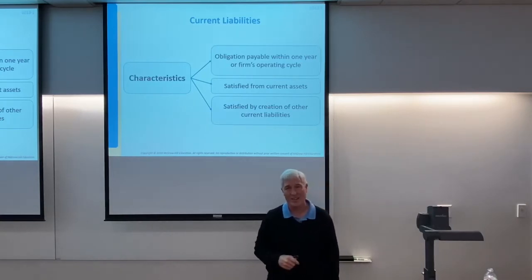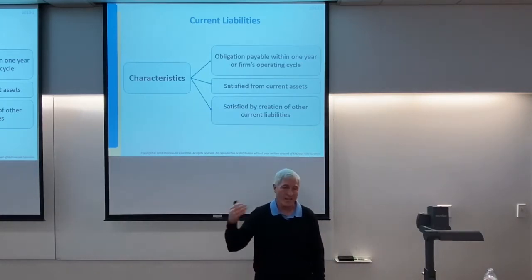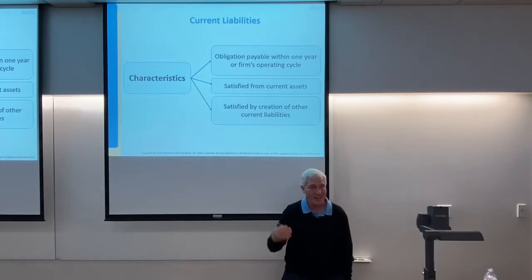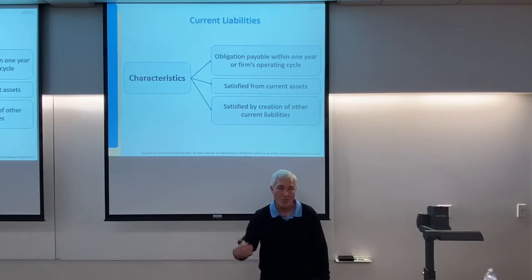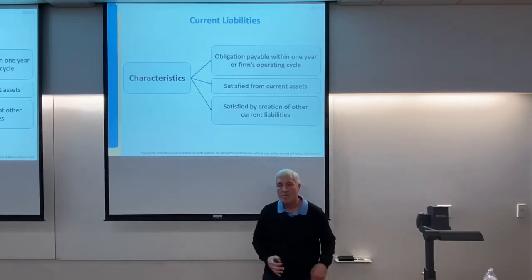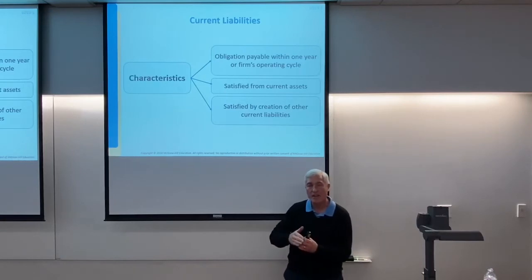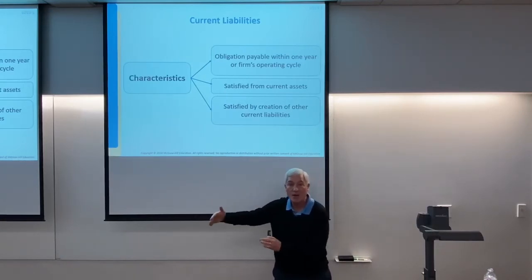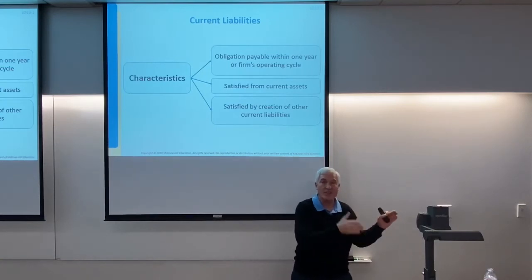Why do we care? Why is this so important? For me, as Chief Accounting Officer, and for my auditors, there is a lot of review to make sure we have everything required in current liabilities. Why is that? Because current liabilities tells us everything we've got to do in the next 12 months, and we'll compare that to current assets, everything that will turn into cash in the next 12 months.